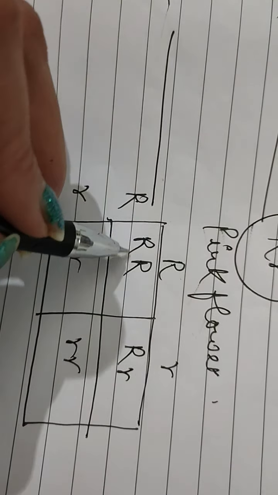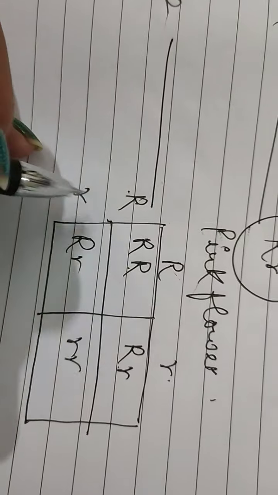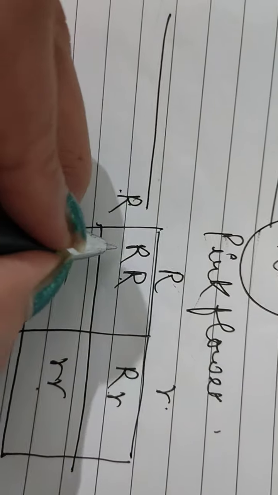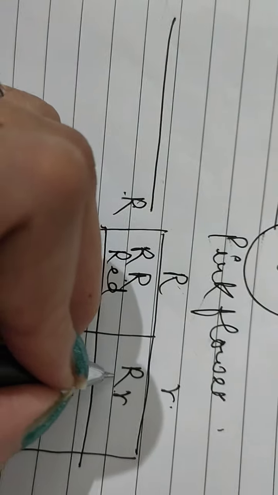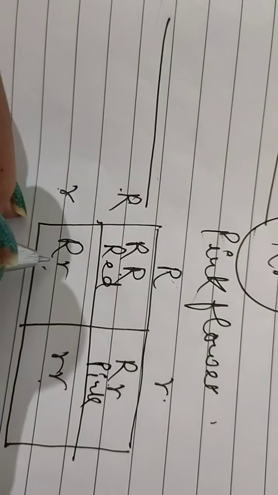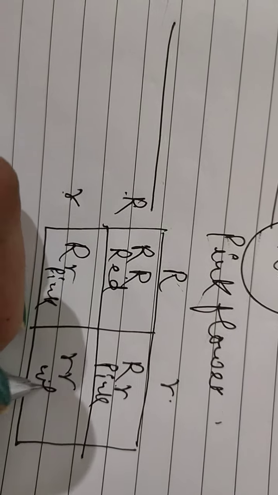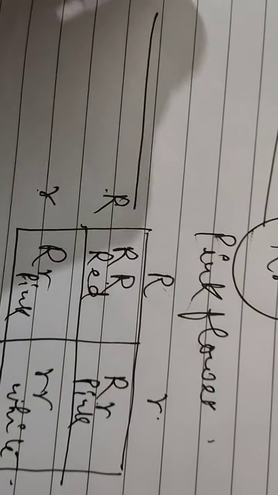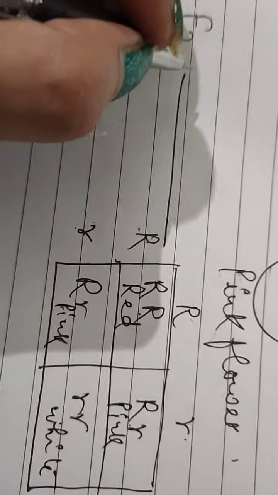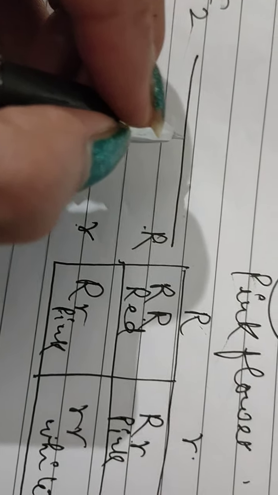So this is crossed with this and this. So you can see here, this is red, this is pink, this is pink, and this is white. So one red, two pink, and one white.